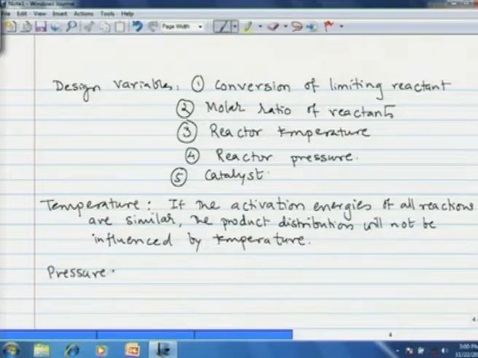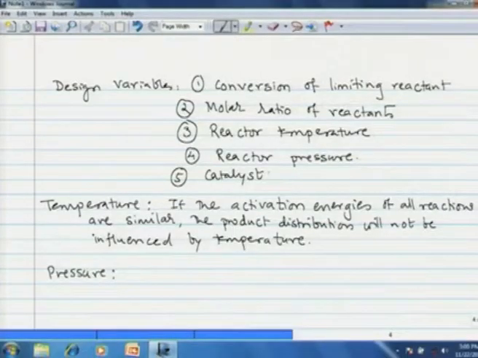The reactor pressure. Liquid phase systems are not so sensitive to variation in pressure. So, if the phase of the reaction is liquid, then it is unlikely that pressure will affect the product distribution significantly. Even in case of gaseous reactions, pressure will not matter if the total number of moles of product as well as reactant are the same.